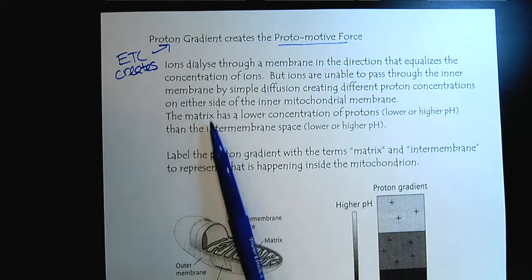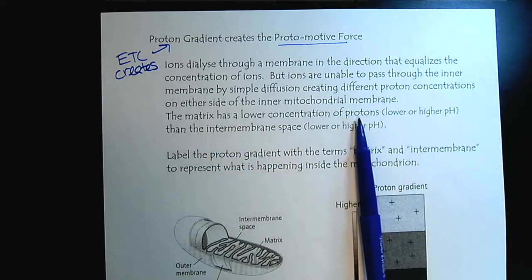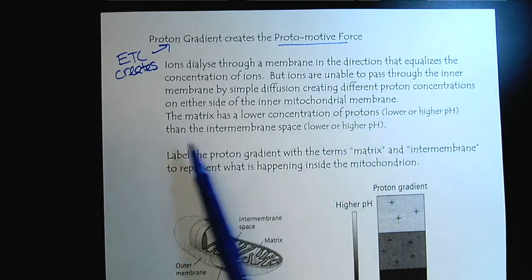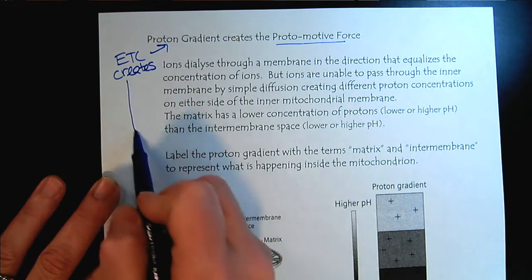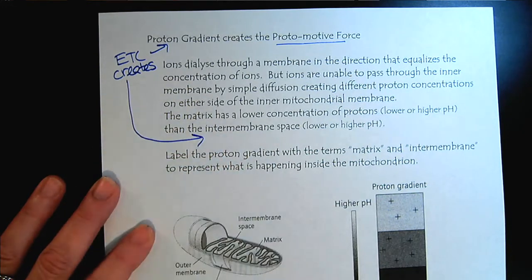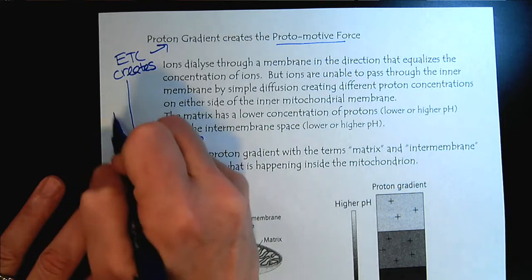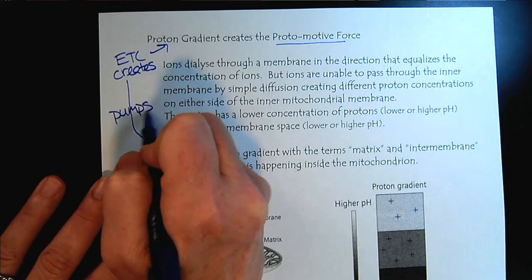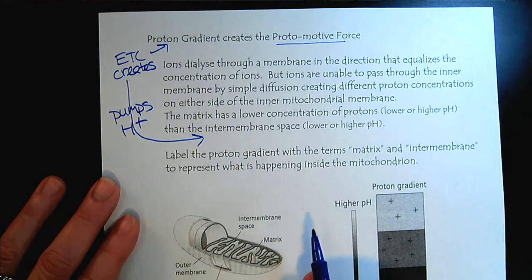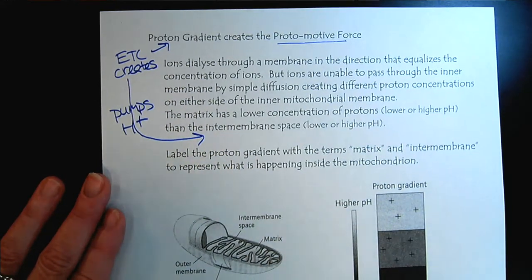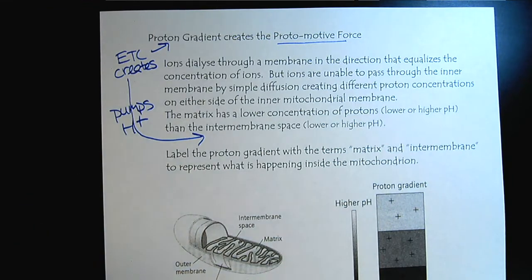So the matrix has a lower concentration of protons than the intermembrane space. What we're going to see is that the electron transport chain is going to pump protons into this intermembrane space. And that creates this concentration gradient. Let's touch base with what we've learned about acid-base chemistry and pH.